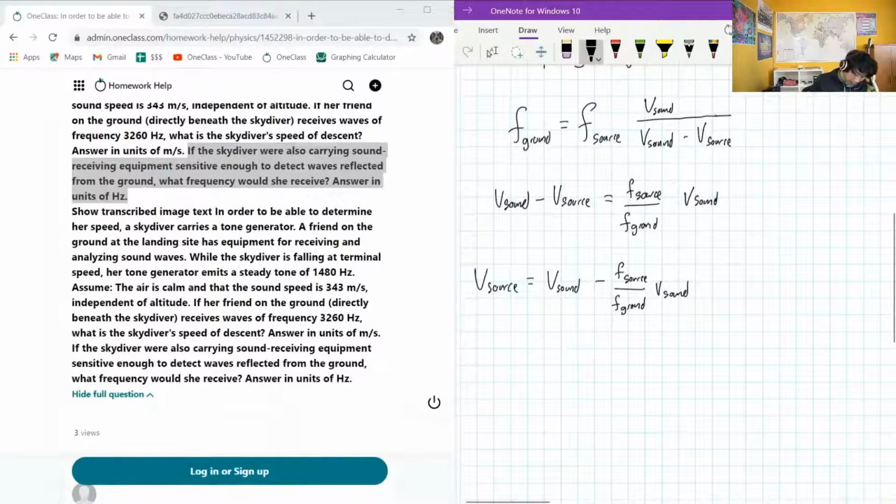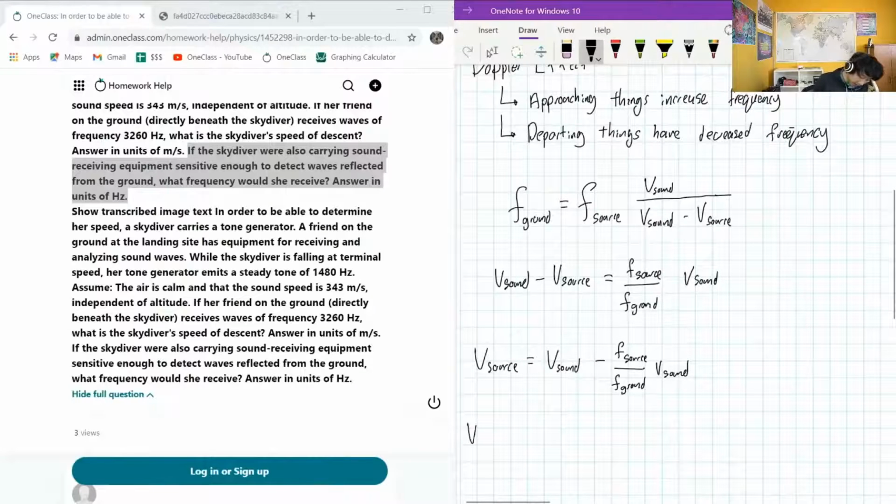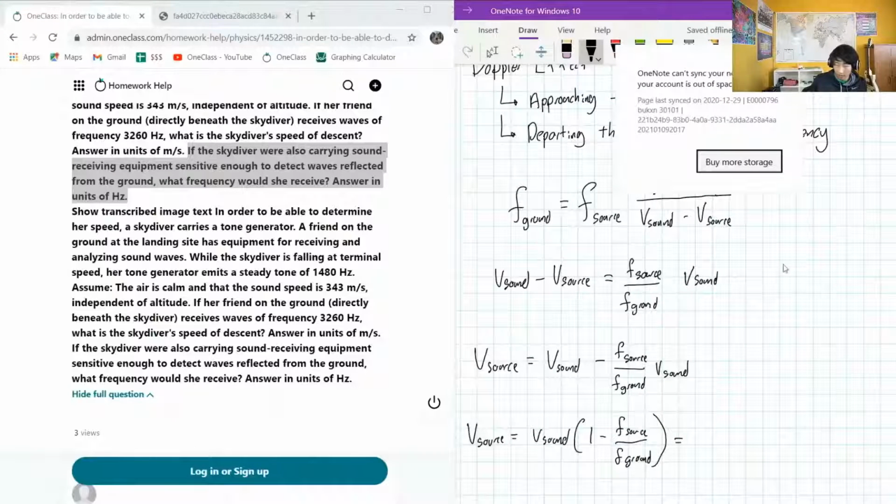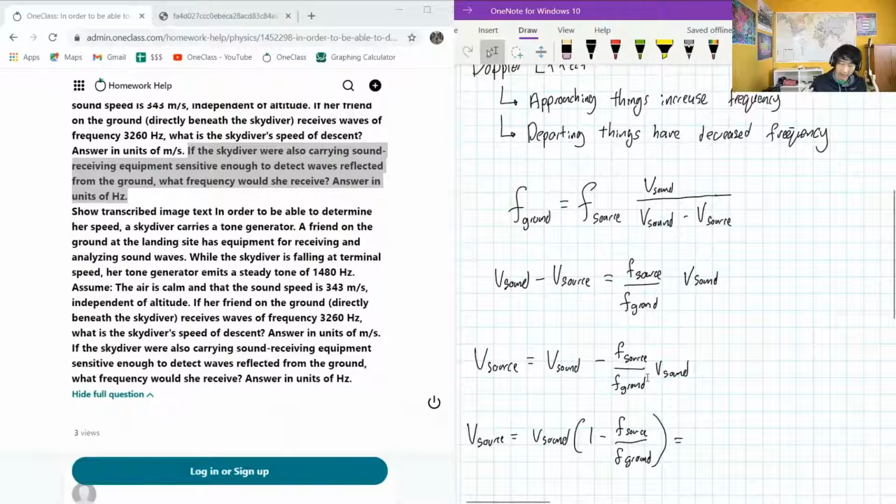And we can factor this out to make this a little bit easier to calculate. V source is equal to V sound times 1 minus F source over F ground. Okay, so now we can just sub in the numbers that we need and we can calculate the velocity of the source, which is the diver in this case.